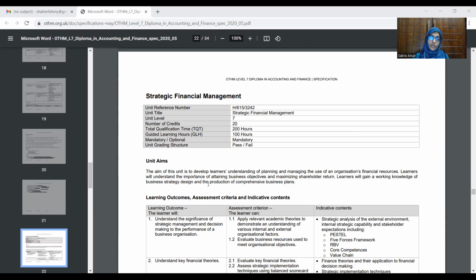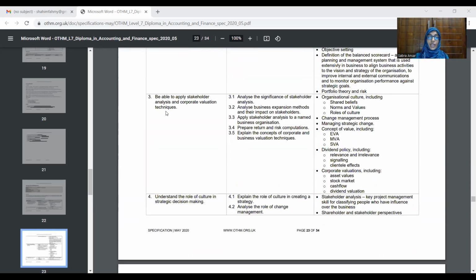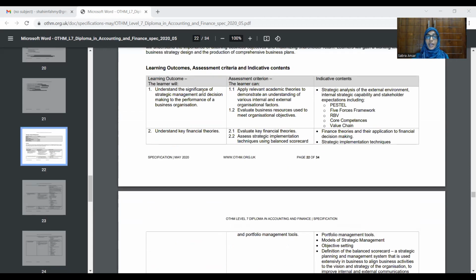Now if you look at this table, the first section talks about the learning outcomes. We actually have 5 learning outcomes. The second section is the assessment criteria, and the third has the indicative content. The first learning outcome talks about understanding the significance of strategic management and decision making to the performance of a business organization.